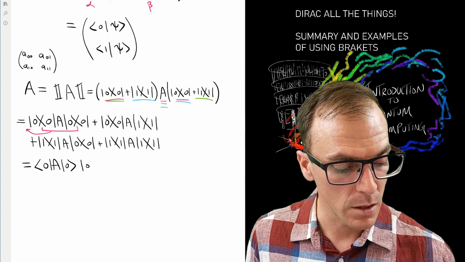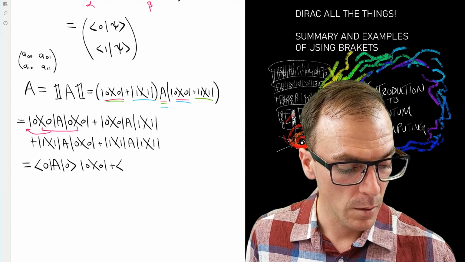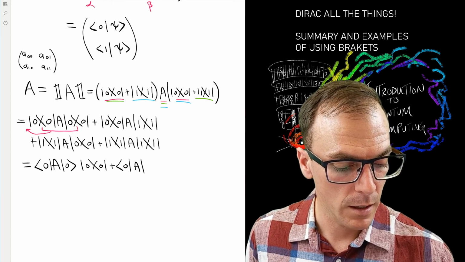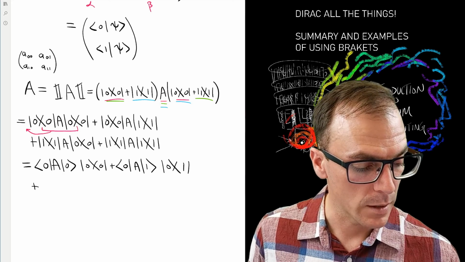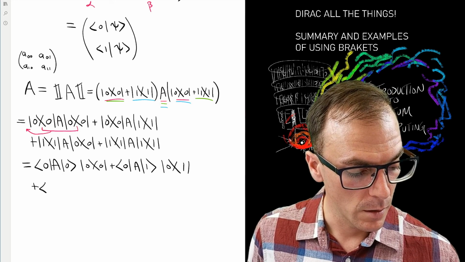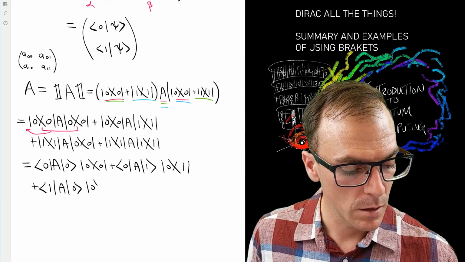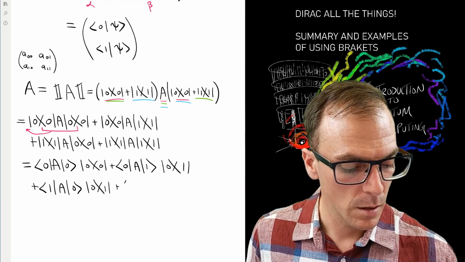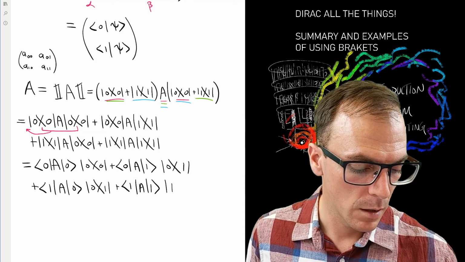So we have ⟨0|A|0⟩|0⟩⟨0| plus ⟨0|A|1⟩|0⟩⟨1| plus ⟨1|A|0⟩|1⟩⟨0| plus ⟨1|A|1⟩|1⟩⟨1|.